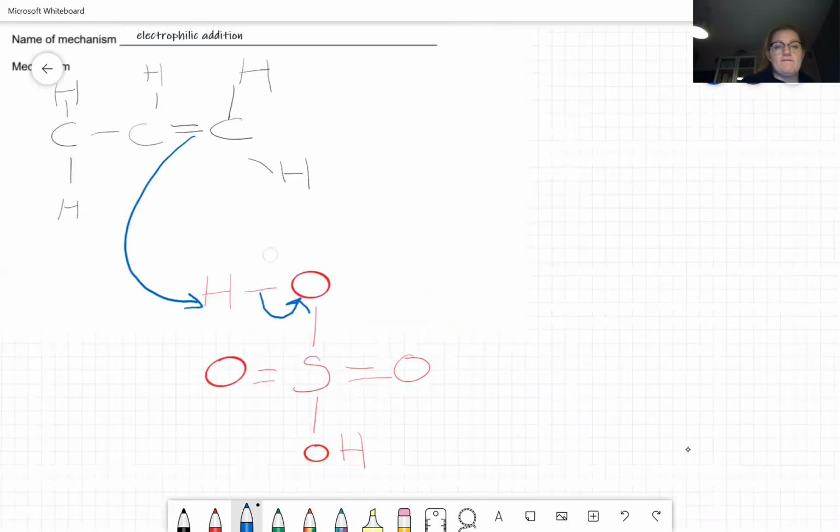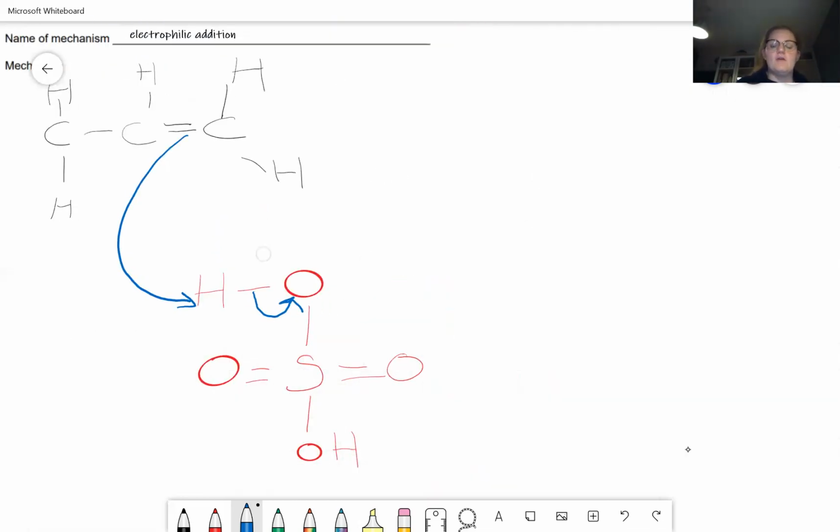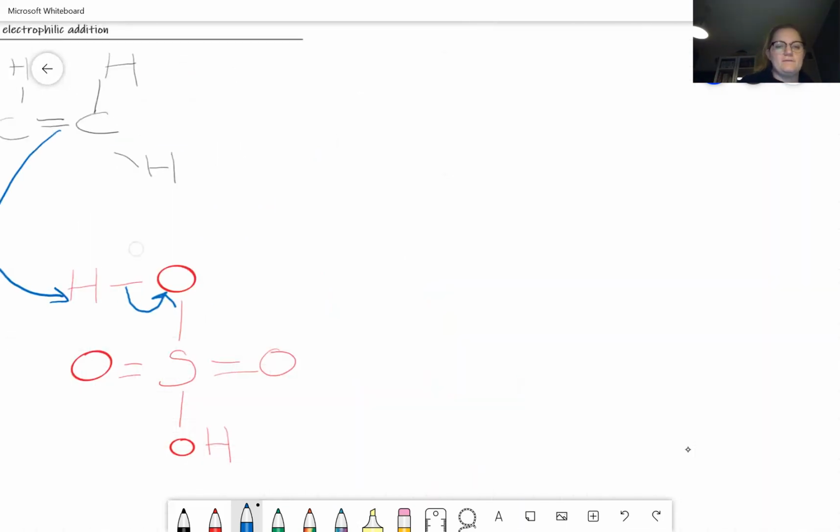Then obviously we have the nucleophile made. This sulfuric acid minus the hydrogen is going to become a nucleophile. So let's draw that out. Then we would have O minus with our lone pair of electrons. You must always include that lone pair of electrons. Everything else is going to stay the same.